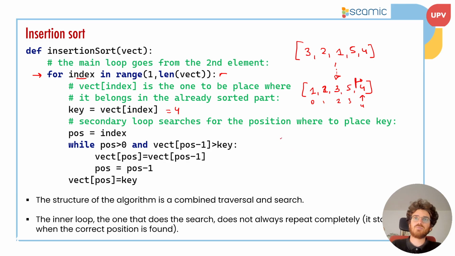So now I'm going to represent the list again, 1, 2, 3, 5, and 4, with their indices 0, 1, 2, 3, 4. We're going to start by using the current index as the position. So this would be index 4.